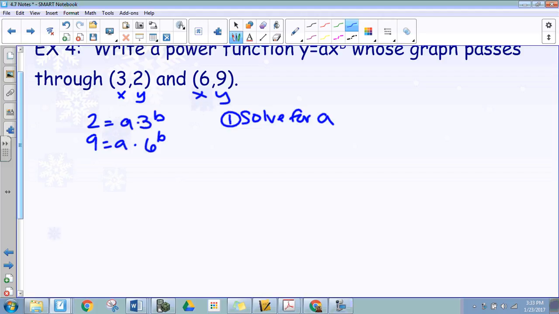It doesn't matter which one you use, they both look equally easy, so I'm going to pick the first one and solve for a. So I have 2 equals a times 3 to the b. To get rid of 3 to the b, I'm going to divide. So I have a is equal to 2 over 3 to the b.